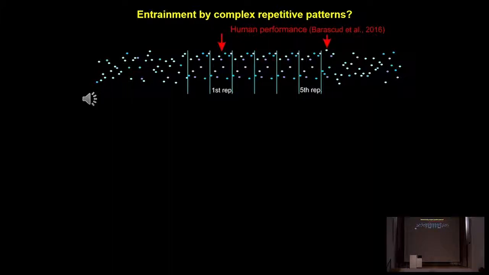I really like when Odette talks about acoustic-driven and context-driven events in auditory processing. So this would be a completely context-driven oscillatory alignment, since there is no physical boundary for these patterns.